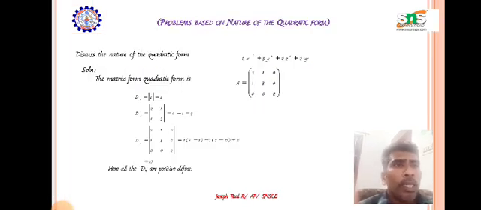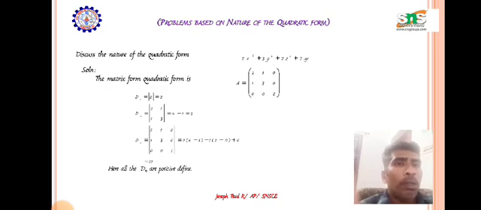Here we are taking a problem to find the nature of the quadratic form 2x square plus 3y square plus 2z square plus 2xy. We convert that into the matrix 2 1 0, 1 3 0, 0 0 2. That is, we take the diagonal elements as the same, and the remaining elements are divided by half. So D1 is the first element, which is positive.